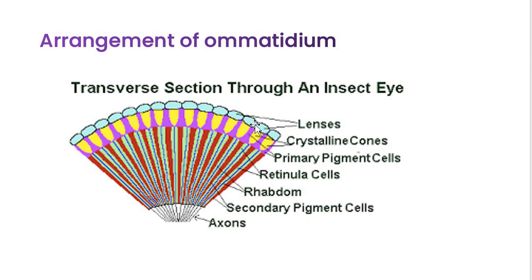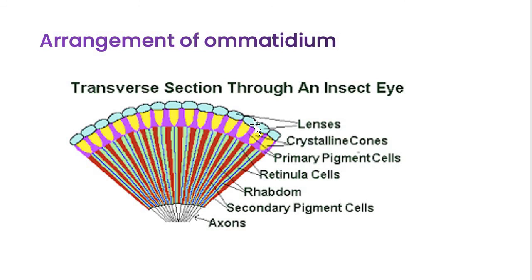There are epidermal or hypodermal cells lying behind the cornea. Here a group of two corneagen cells secrete a single lens, so the lens is formed by the secretion of corneagen cells. After formation of the lens, they withdraw to the periphery and get modified into primary iris cells. You can focus on the diagram also.